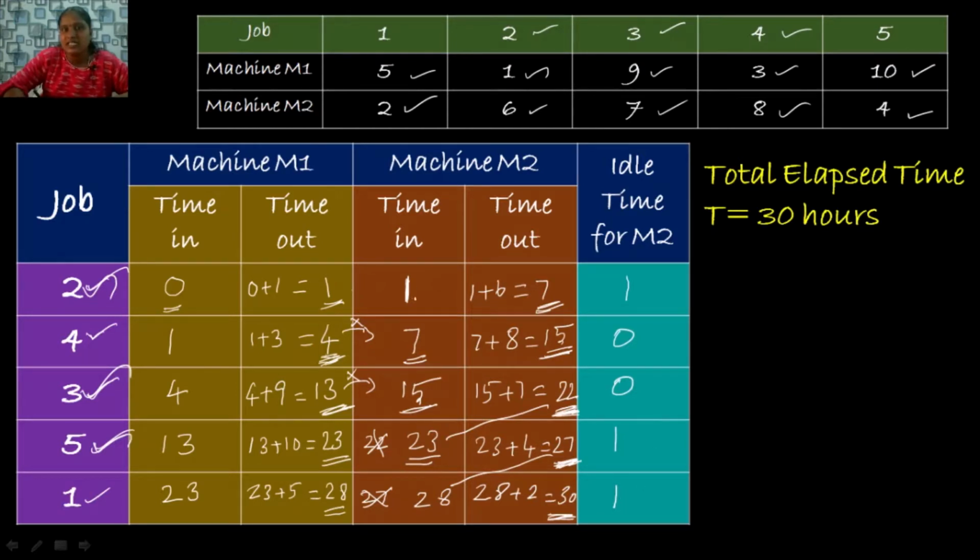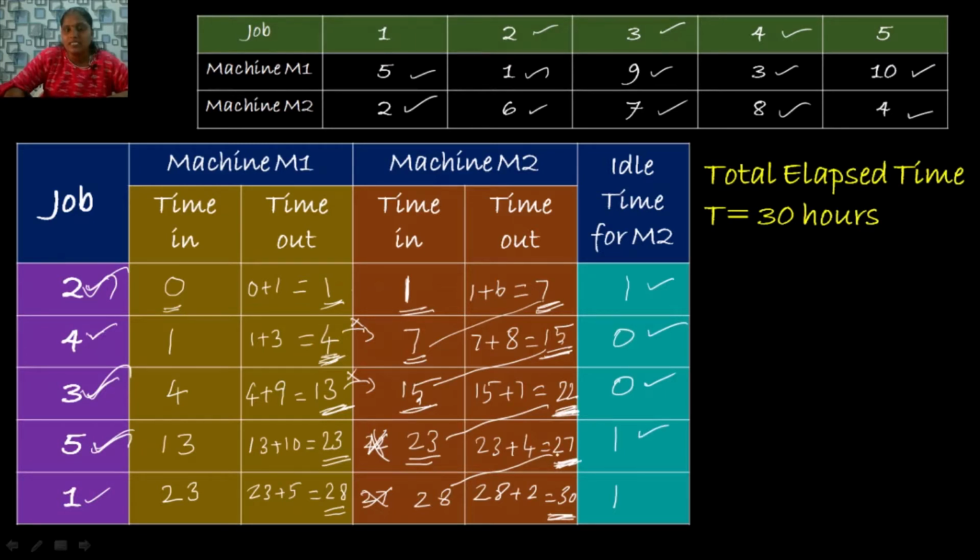So initially it has to wait for 1 hour, so that is the idle time. At 7 hours it completes, and immediately it has the next job, so there is no idle time. At 15 hours, after completing the fourth job, immediately it has the next job to process, so it doesn't have any idle time. It completes at 22 hours, but at 22 hours it doesn't have any job to process, so it has to wait for 1 hour to get the next job.